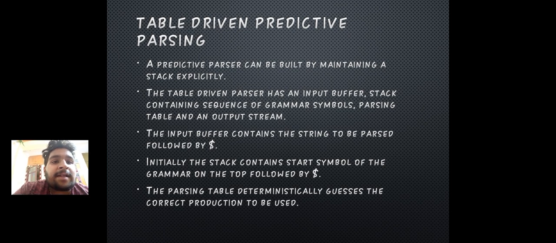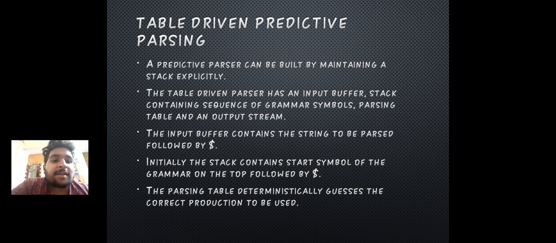Table driven predictive parsing. A predictive parser can be built by maintaining a stack explicitly. The table-driven parser has an input buffer, a stack containing a sequence of grammar symbols, a parsing table and an output stream.